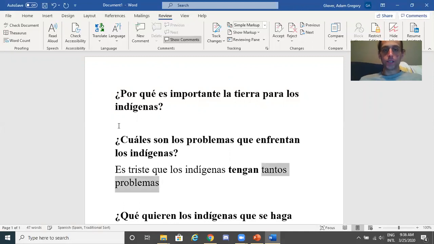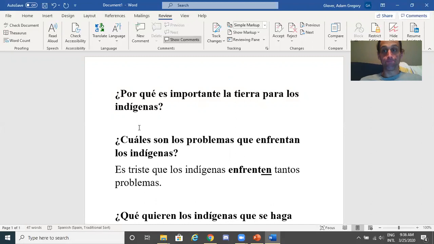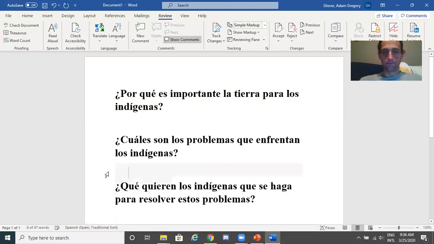Or, es triste que los indígenas enfrenten, subjunctive, tantos problemas. Yeah? Does that make sense? So that's a way of incorporating the subjunctive into a question that doesn't obviously demand the subjunctive.